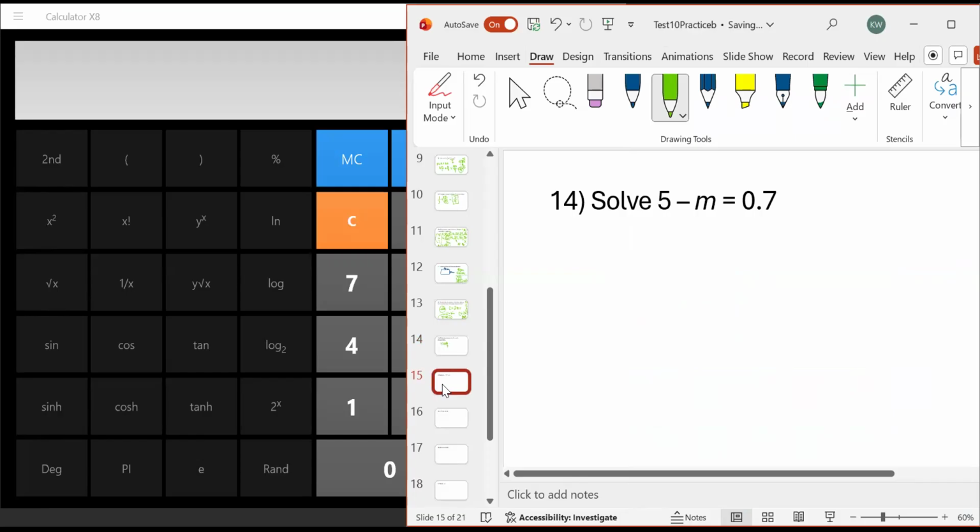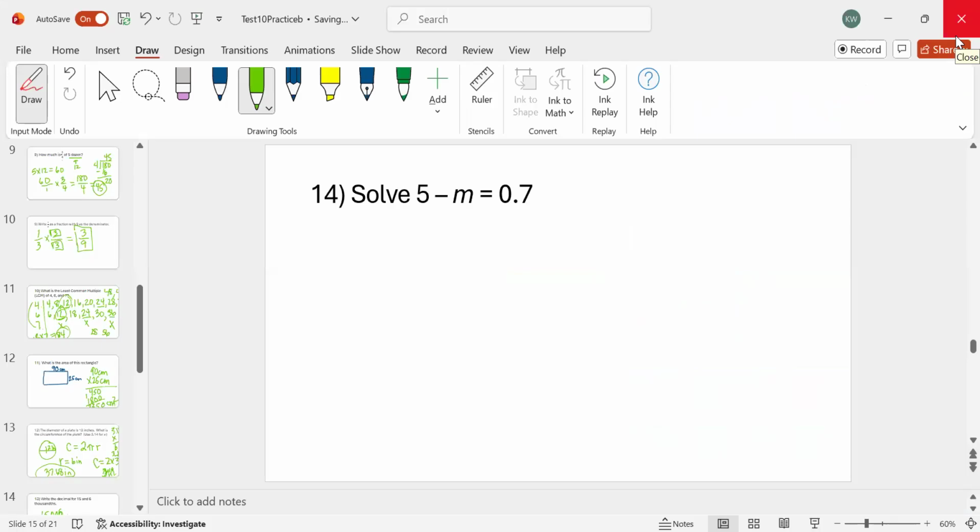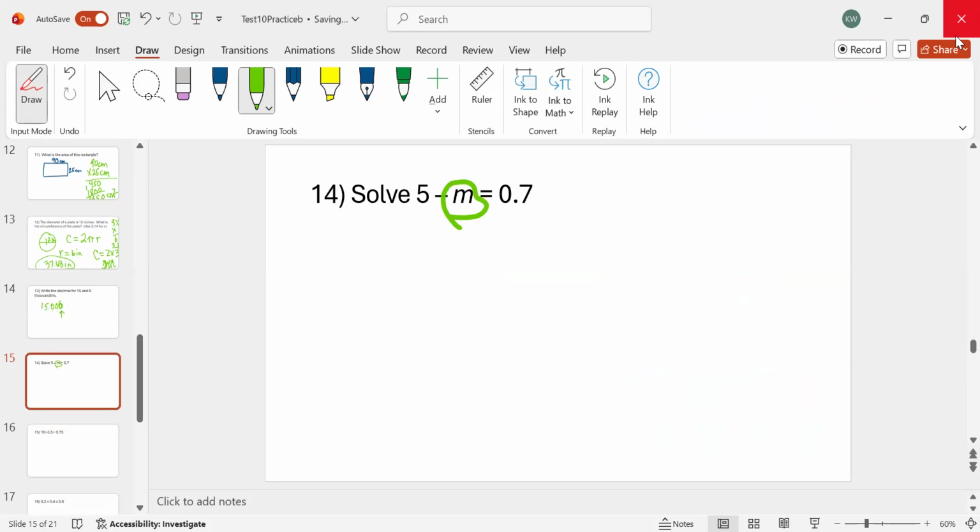All right, solve 5 minus m equals 0.7. Okay, let's do that. Well, we want to solve for m. So 5 minus m equals 0.7. Let's add m to both sides.